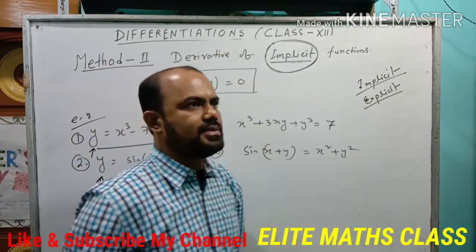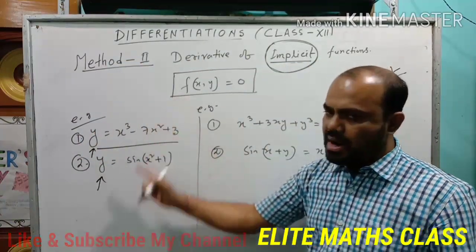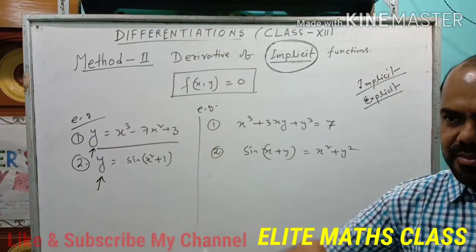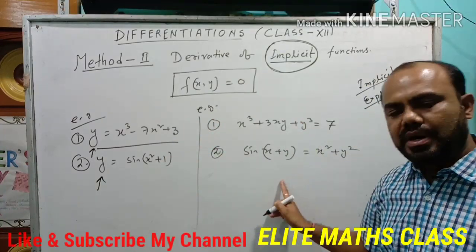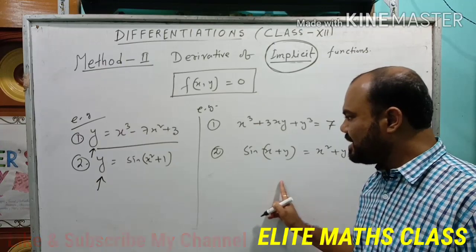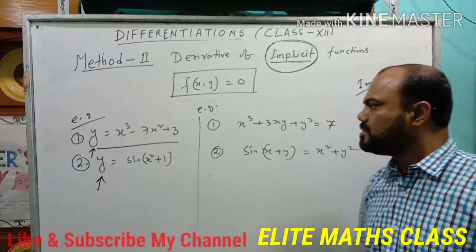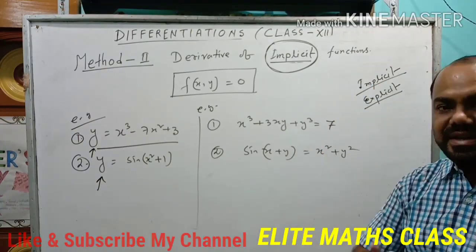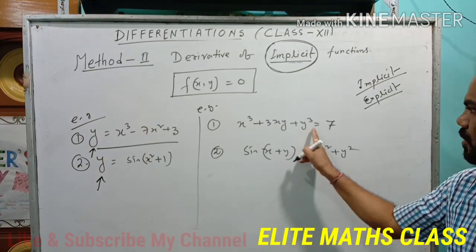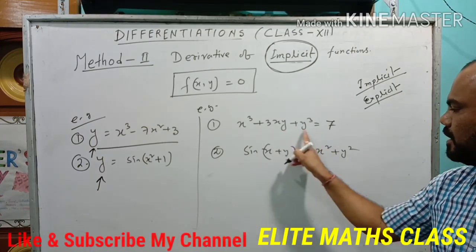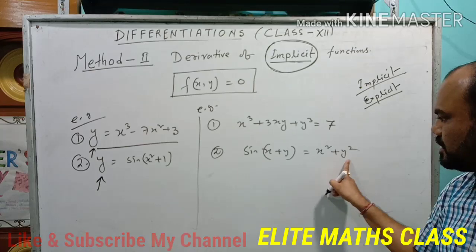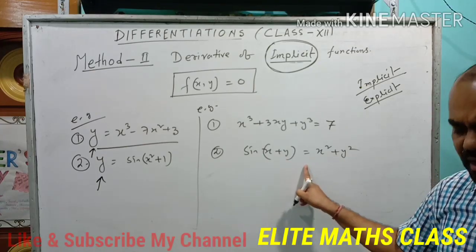So the difference is that in these functions y is given directly in terms of x, and in these functions y is not directly given in terms of x, and in most of the problems you will not be able to find y directly in terms of x. See here, y cube is there, sin y is there, y square is there, so it is not possible to find y in most of the cases.